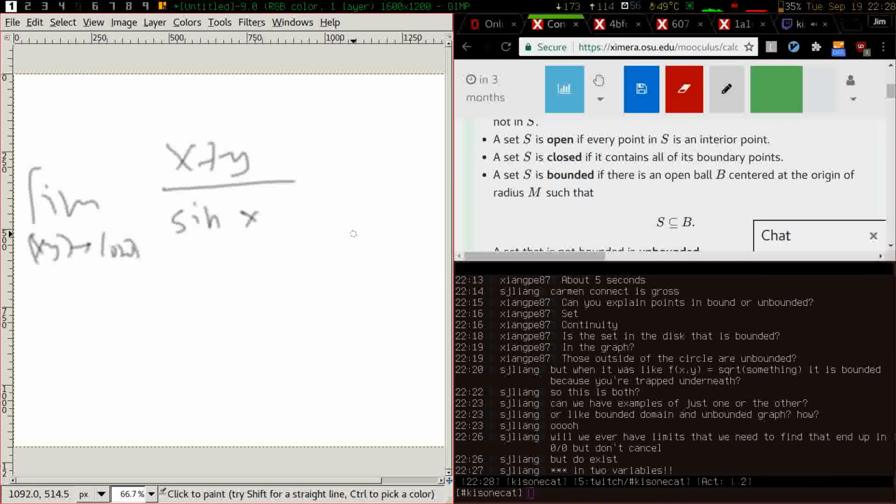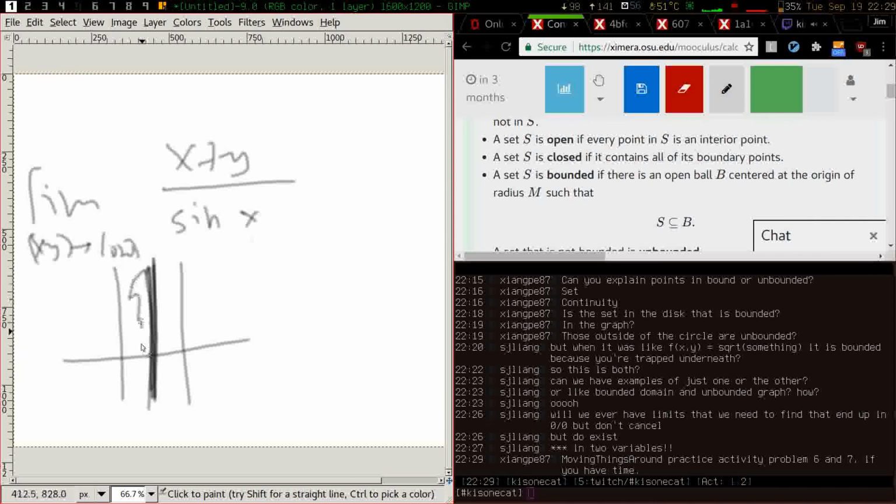This is sort of an upsetting case because this denominator doesn't make sense when x is equal to 0. But the domain of this thing is away from this line. It certainly makes sense near that line.